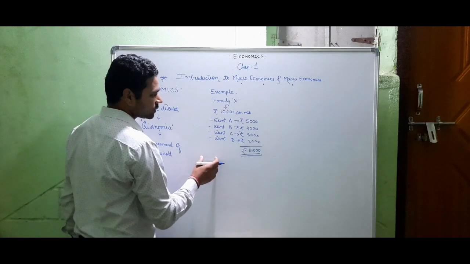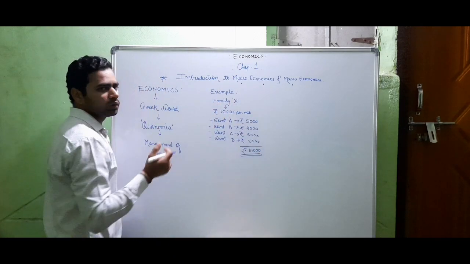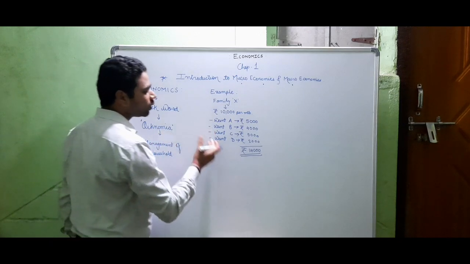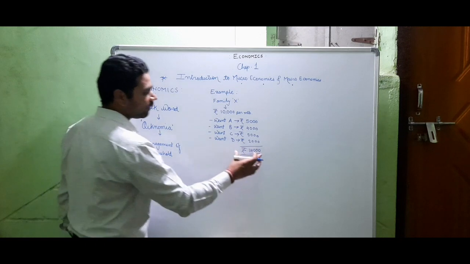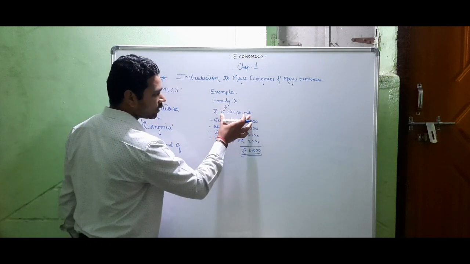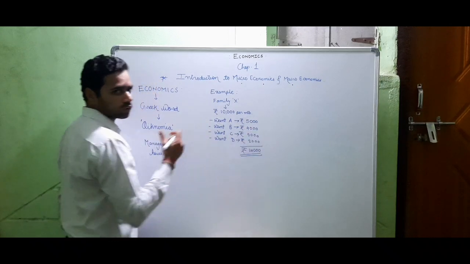So in this case, it is not possible for family X to satisfy all the different wants like want A, B, C and D, because they are having limited income and the expenditure which is required to be made, it's more.